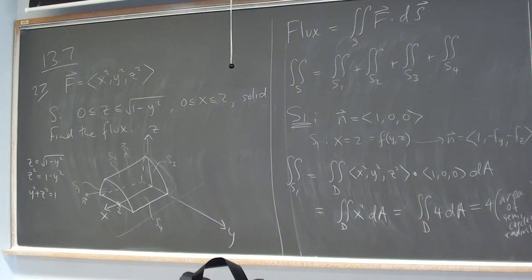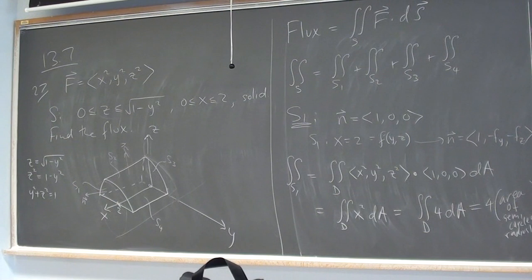Take the partial with respect to y, what do I get? What's the partial of this with respect to y? It would be minus y over the radical of 1 minus y squared, but we take the negative of that, so that's actually our normal.